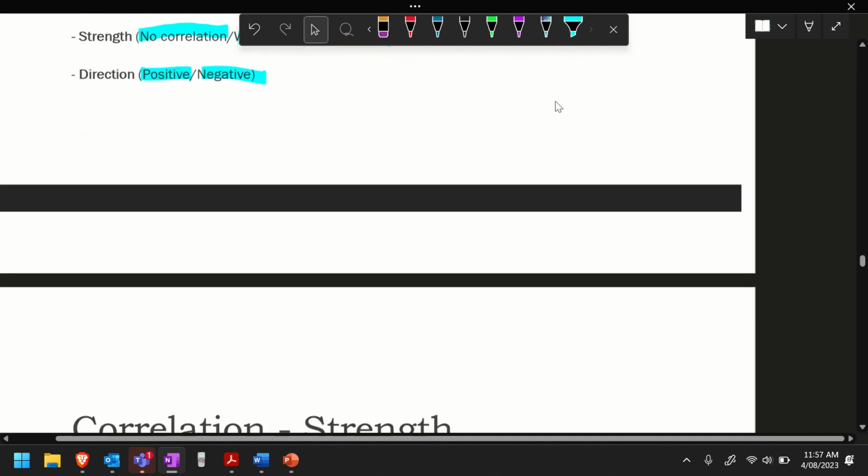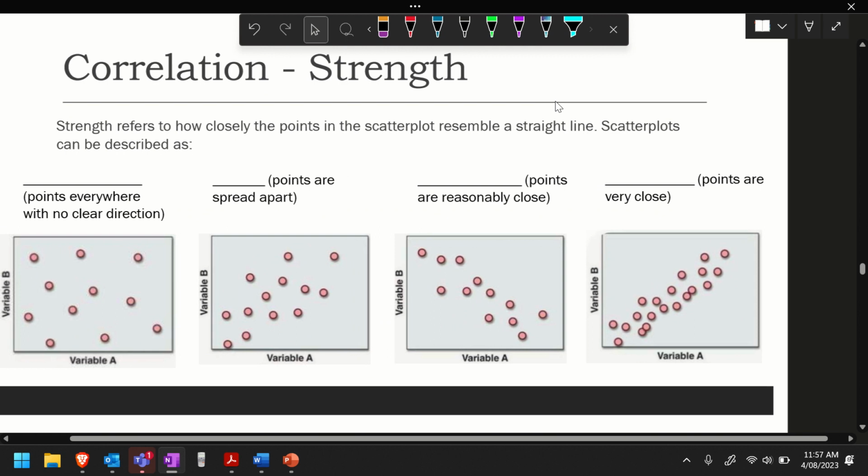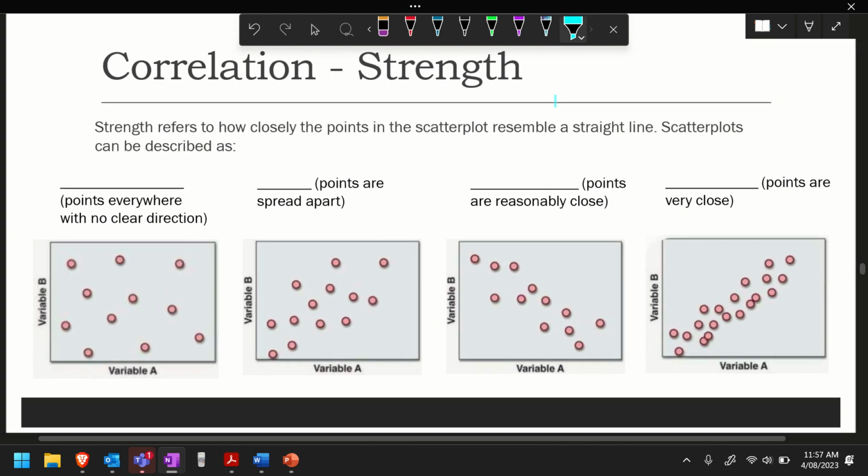So let's practice this, and this will be blank in your notes. For that first one here, I'm going to ask Esteban, can you describe what the points look like here? Is there a direction? Do they look together? Are they spread apart? Or is it really random? Very random. So when they're very random, we'll write no correlation.